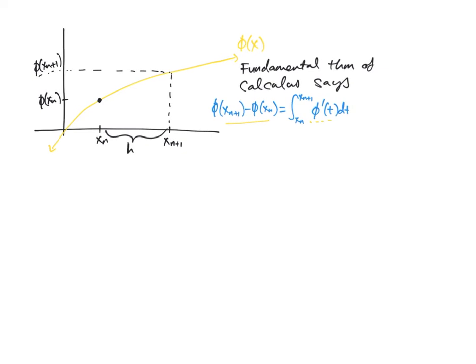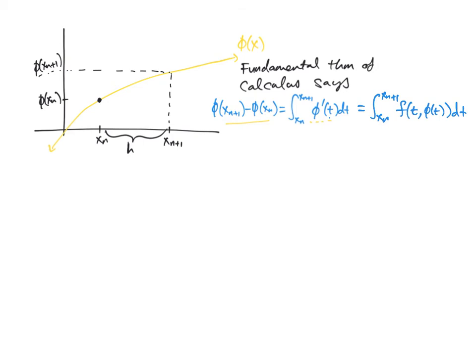Make this a little bit smaller. And we know what phi prime is. Phi prime is our function f, evaluated at, so t is our integrating variable standing in for x. So we have t, and then our y is phi of t, dt, okay?